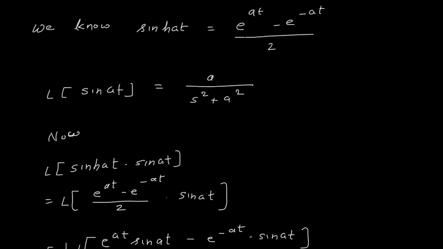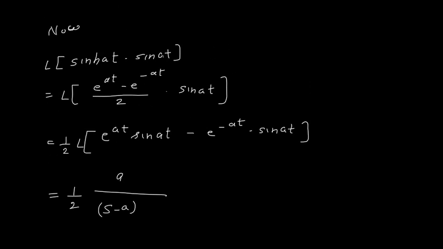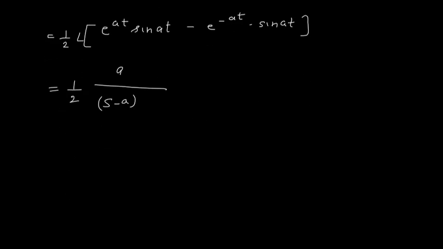So here it is e power at, so I will say s minus a the whole square plus a square, then minus, a upon, here in the denominator I have s plus a the whole square plus a square. If you want, you can cross multiply and simplify it further, otherwise you have found the Laplace transform.